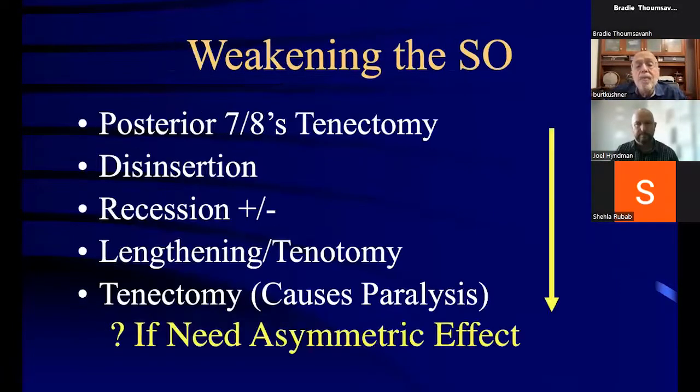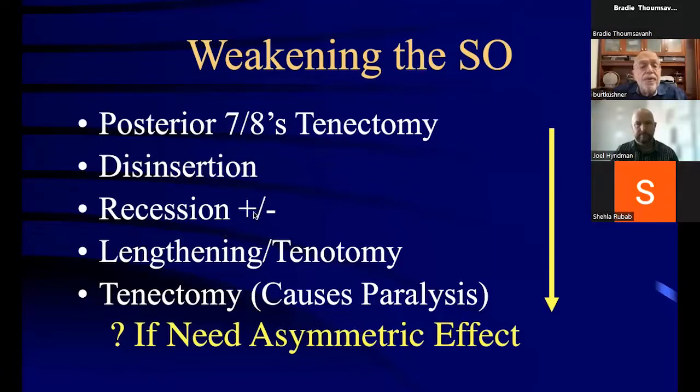We're going to move on now to weakening the superior oblique. There's sort of a hierarchy, I think, as far as power of the procedure. Probably the weakest, but appropriate in many cases, is the posterior 7/8 tenectomy, which I showed you a picture of. Next, a simple disinsertion: cut it off of the insertion, let it go.